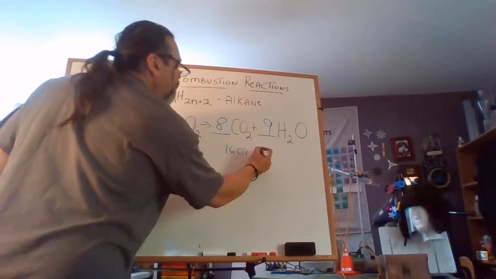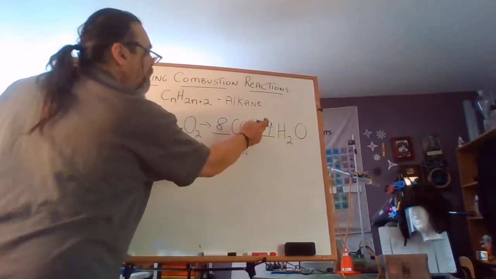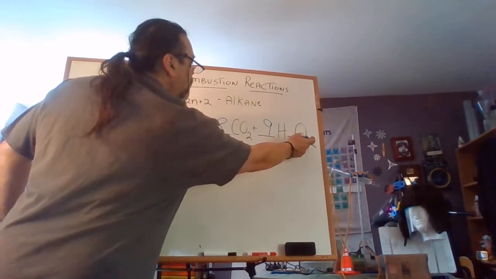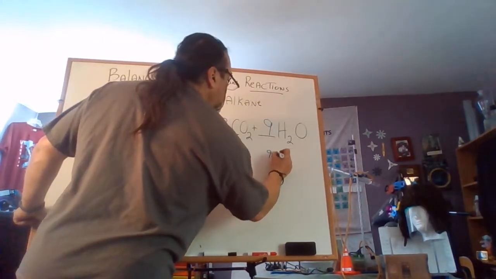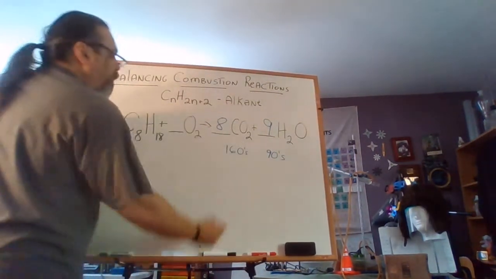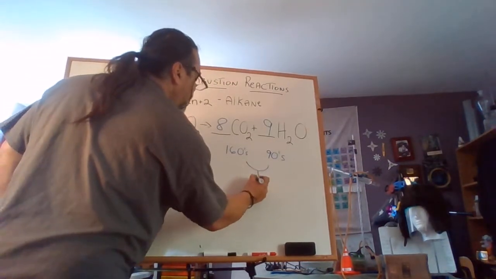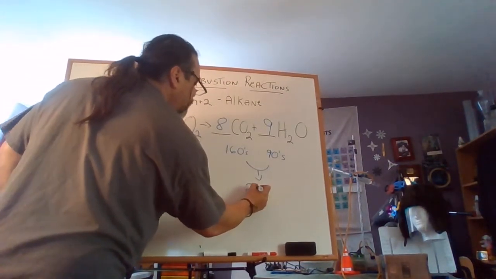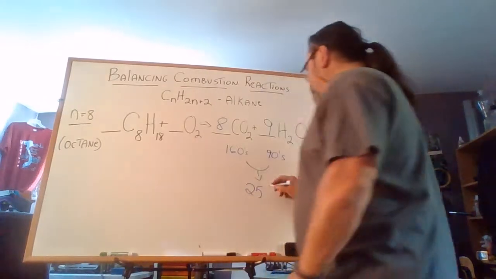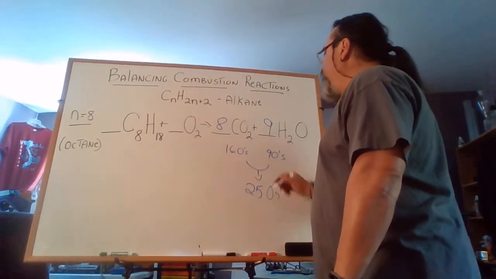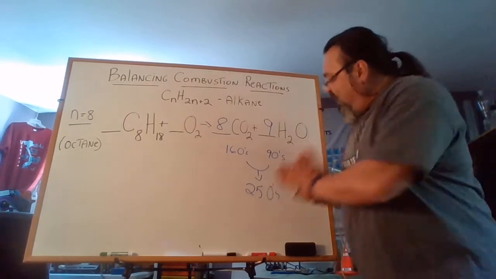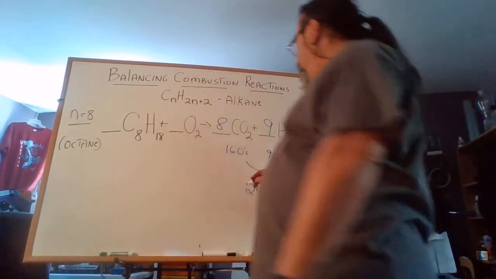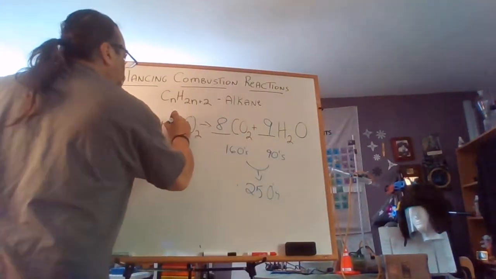And then over here, I've got my waters, 9 times 1, or 9 oxygens off of my water. Combined, 16 plus 9 is 25 oxygens. So what I'm trying to get at here is that I've got 25 oxygens currently on this side. So let's take that 25 and literally just put it here.